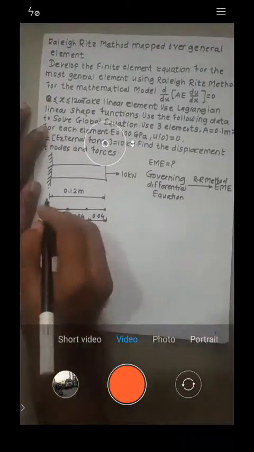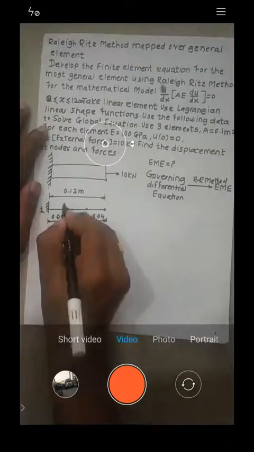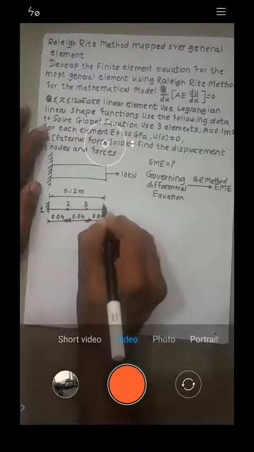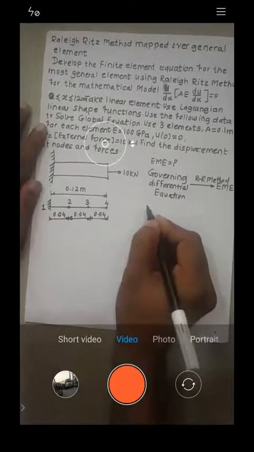Okay, so let me call this node number 1, this node number 2, this node number 3, and this node number 4.